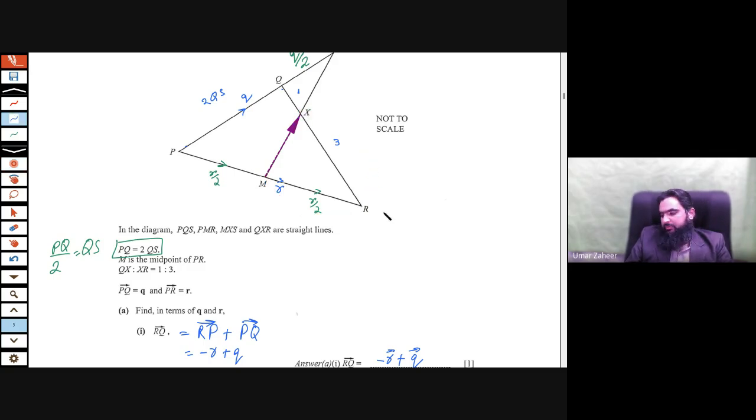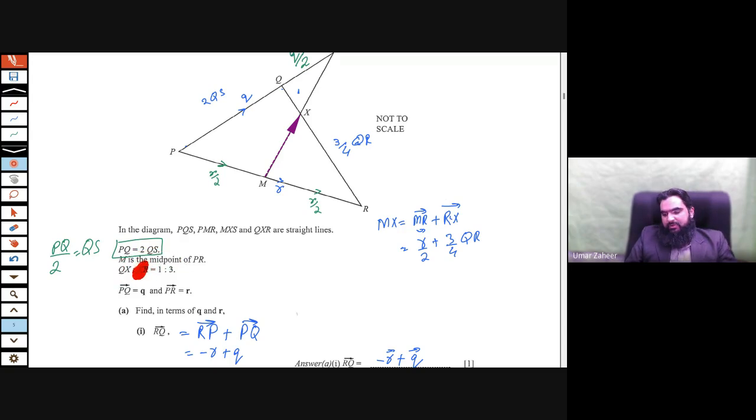So you want to find MX, that will be equal to M to R, and then we go from R to X. M to R in the same direction will be the half, so R over 2, plus R to X. R to X will be the 3 over 4th part of QR, because the ratio is given.